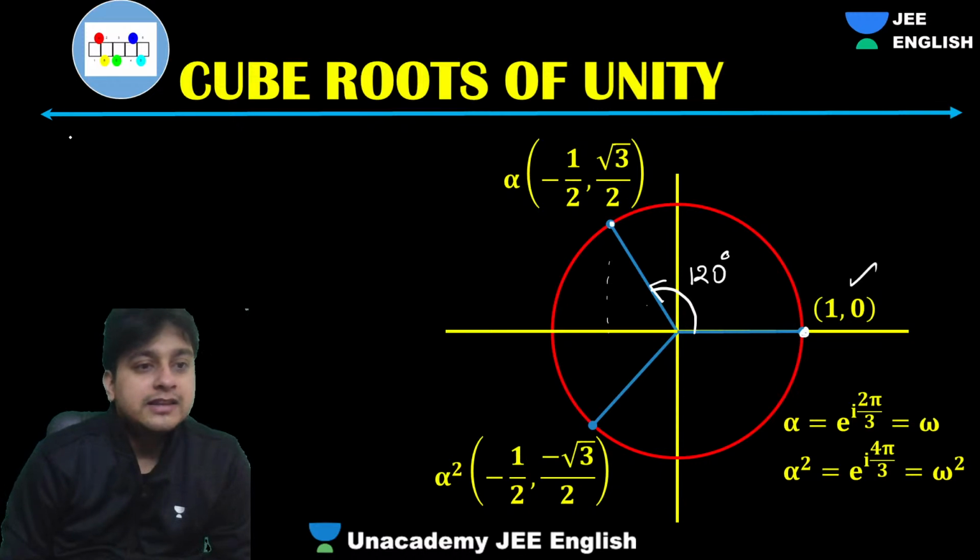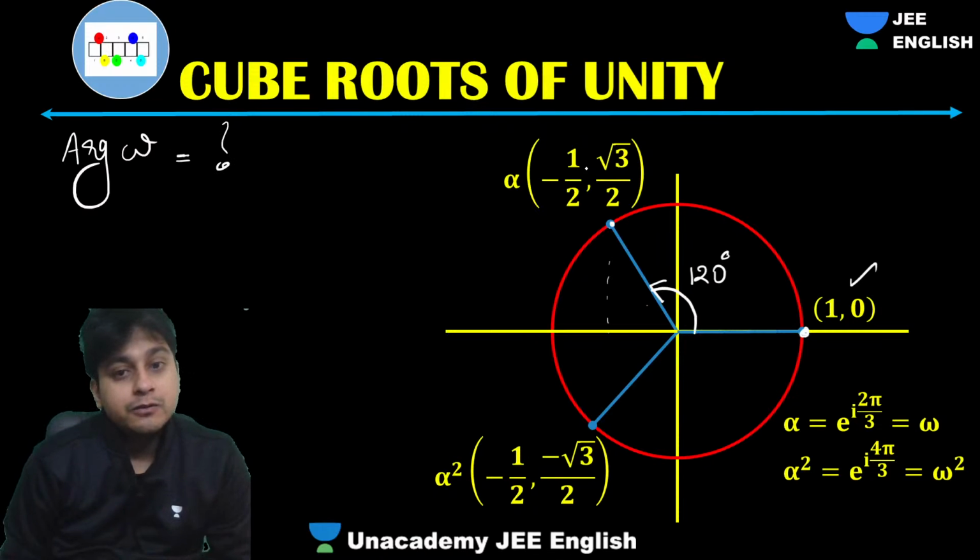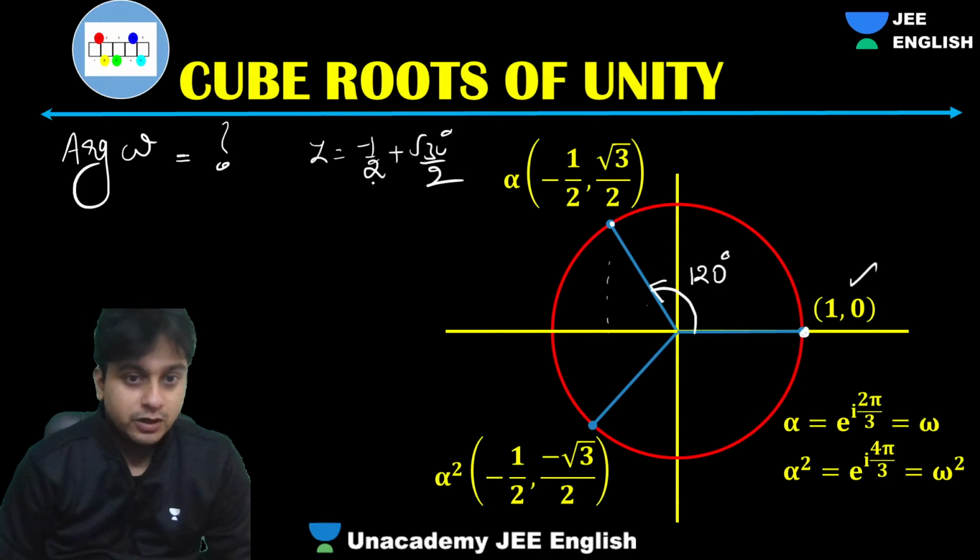You know very well how to do it. If you guys don't know, I'll teach you the argument of z, like the argument of omega. First of all, you have to see what this value is. Z is nothing but minus 1 by 2 plus root 3 iota by 2. This is the x component, so just take the magnitudes.